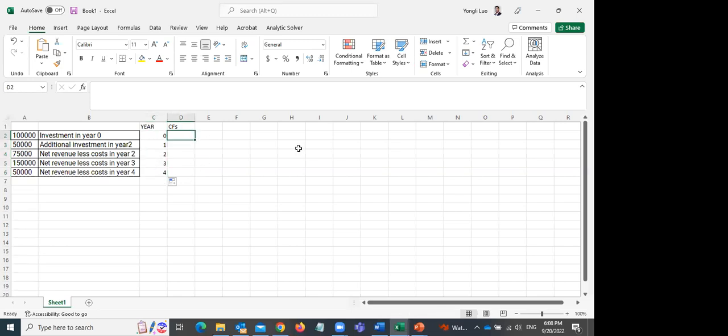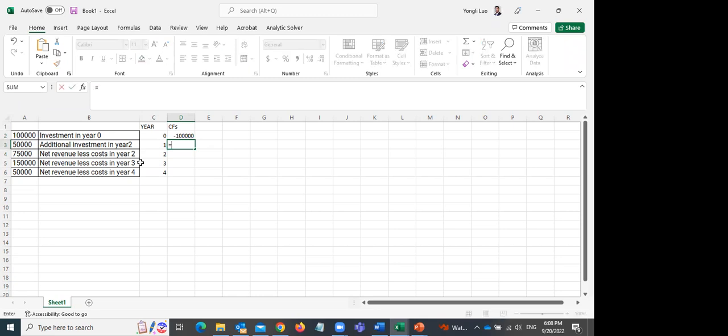And for the cash flow, the initial investment is money that goes out of your pocket, so it's going to be negative.